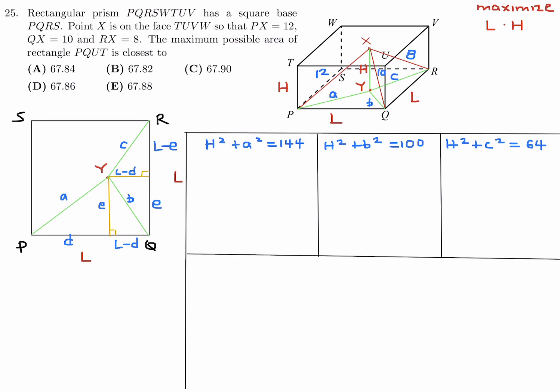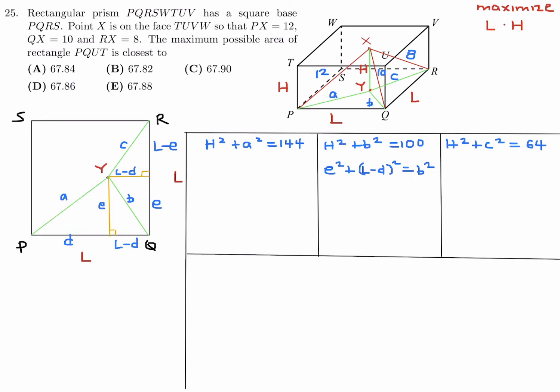All right. So now, what can we get from Pythagoras? This triangle gives us a relationship with B in it, so I'll put it in this section. E squared plus L minus D squared is equal to B squared. And then for A, to put in this column of the diagram, we can use the triangle here.